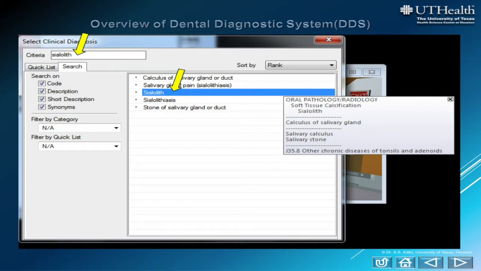Once seen, you should advise patients to monitor this condition for possible future salivary stenosis, stone development, and or possible obstructions that might require intervention, especially when it becomes symptomatic.